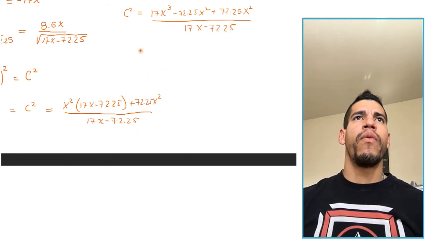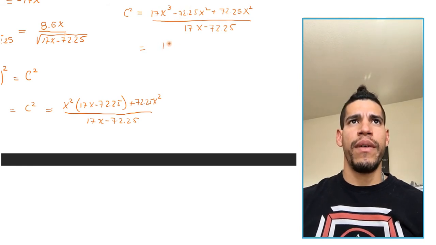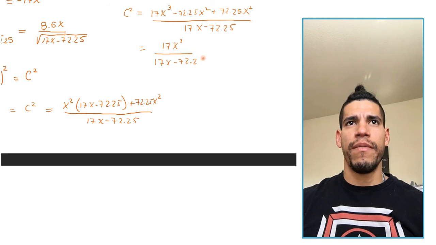Okay? Which equals, notice that these two cancel and you're left with 17x cubed divided by 17x minus 72.25.